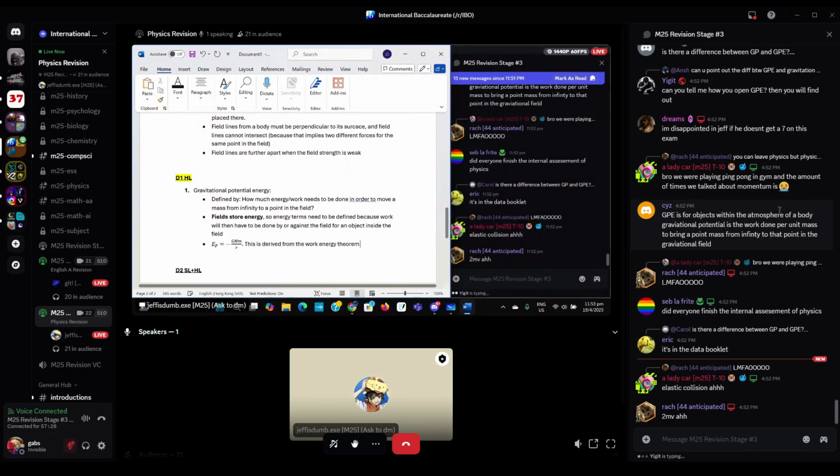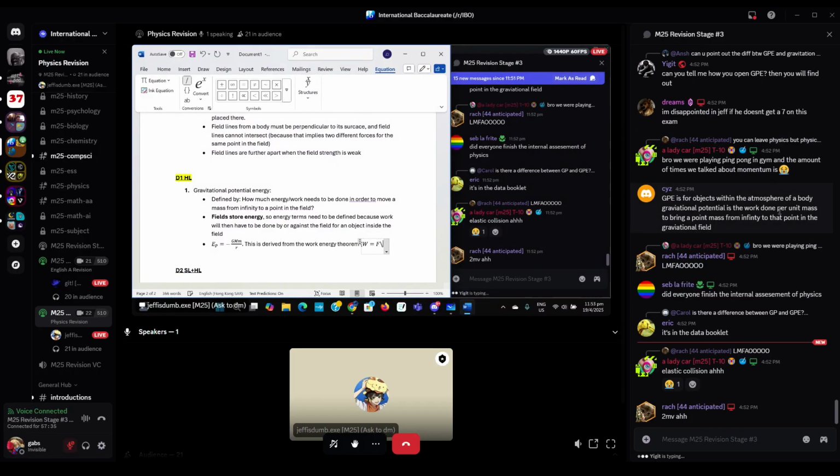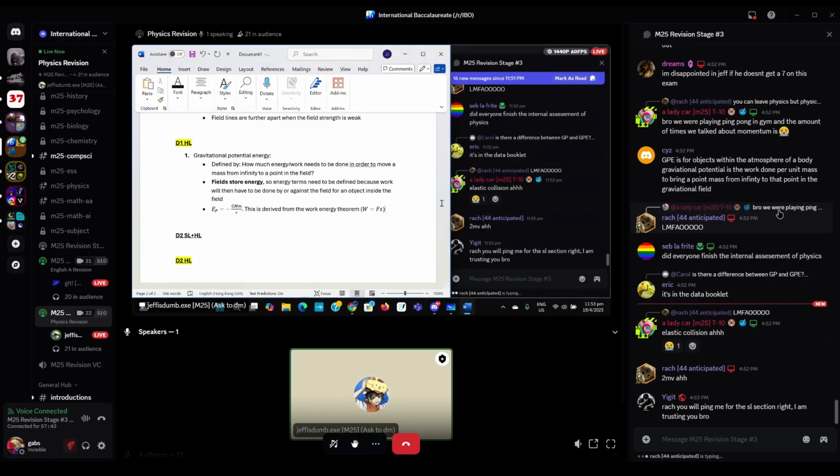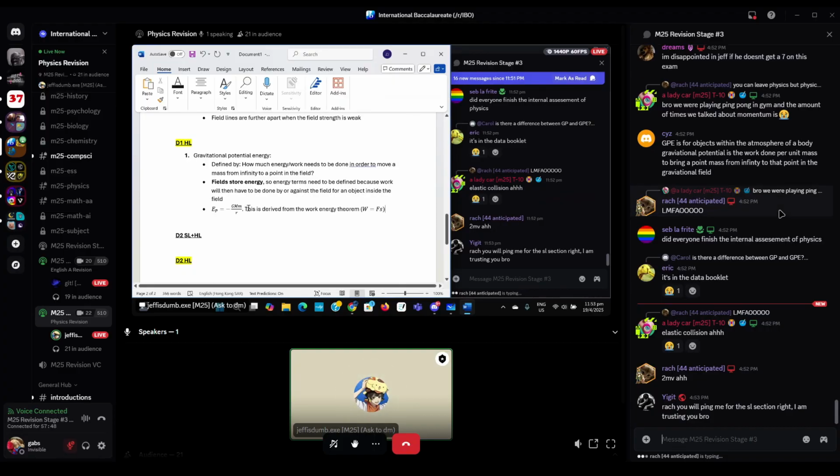So this is how gravitational potential energy is defined, and when we're finding the gravitational potential energy of some mass in some field, a distance r away from some object, we just plug in this formula and it'll be done. And I'll talk about some more applications later on.